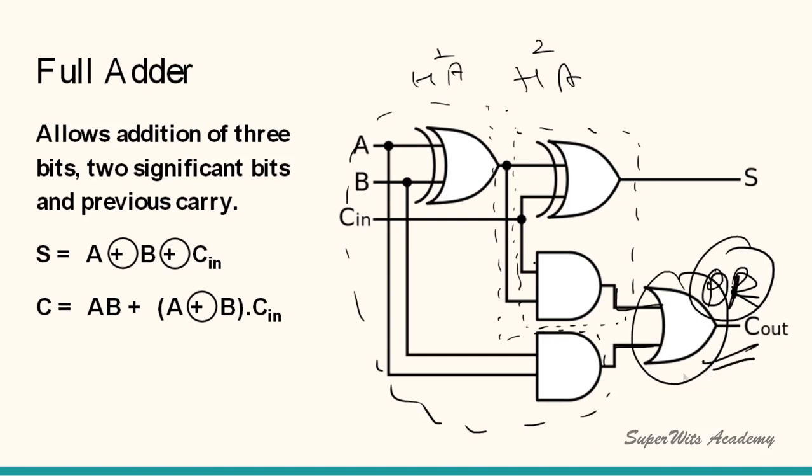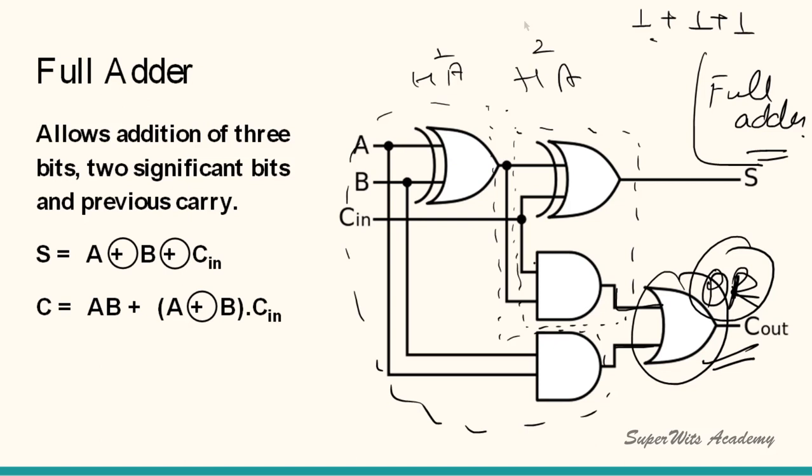Finally we have to maintain the carry out. In this way, two different half adders can be joined together to produce a full adder operation. Now we are able to cater to the case where 2 inputs are given and the carry is also given.